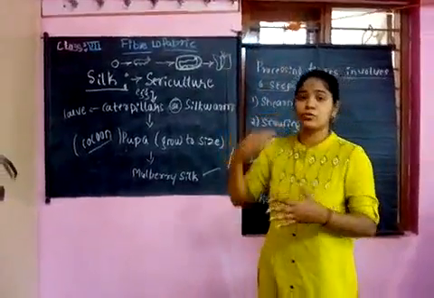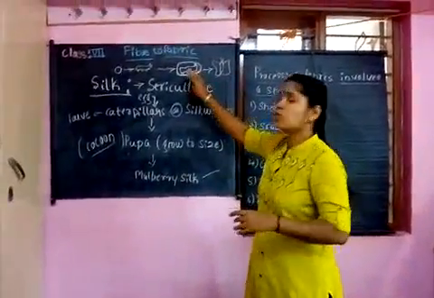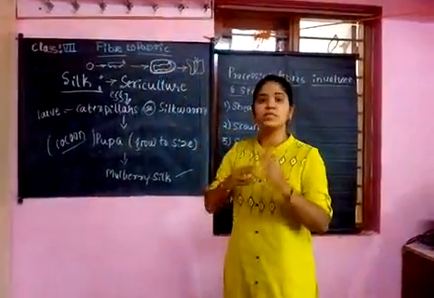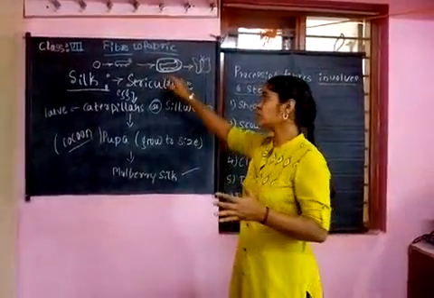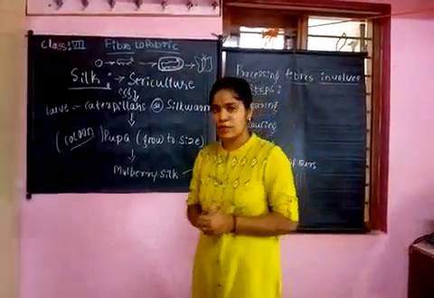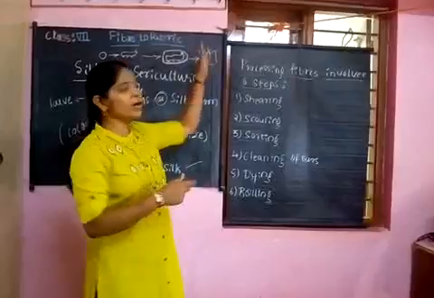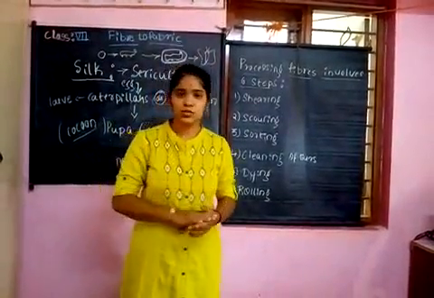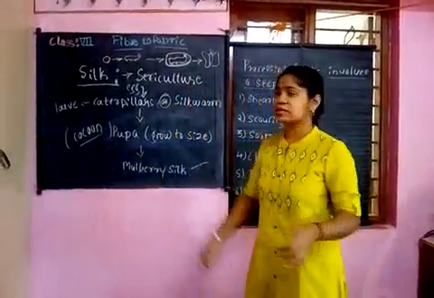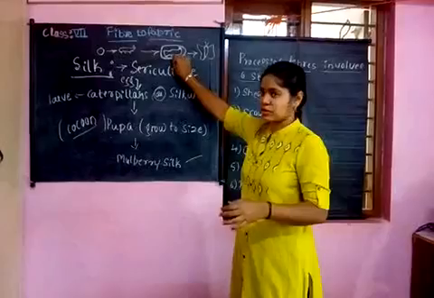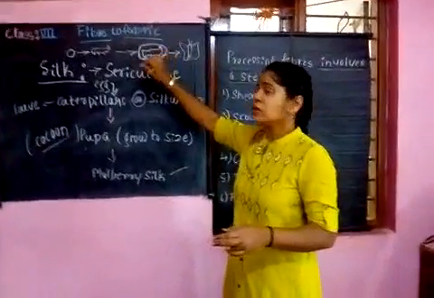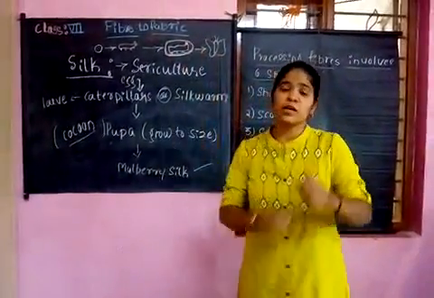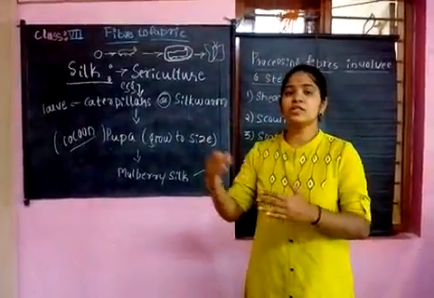The cocoon is nothing but the silk fiber. If we do not use the silk fiber, it will form into a silk moth. But in the third stage only, the people collect the silk fibers, in the cocoon stage only. These silk fibers they convert into silk yarn.